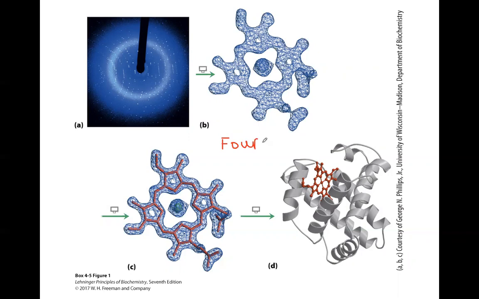Fourier. Now, if you are good with math, you know what this means. The Fourier transform gives you a structure of a heme with the iron inside.